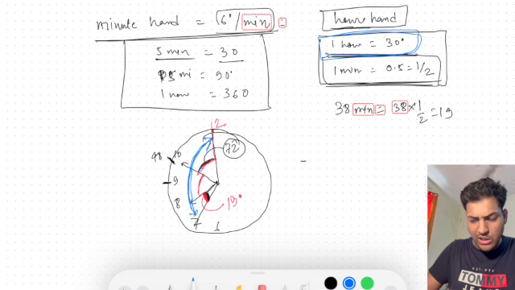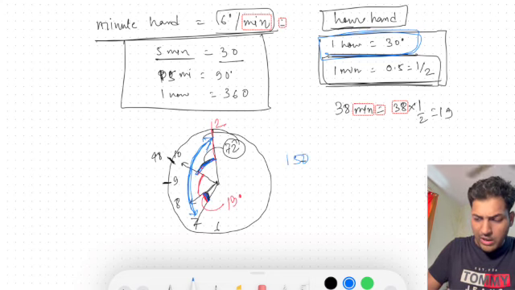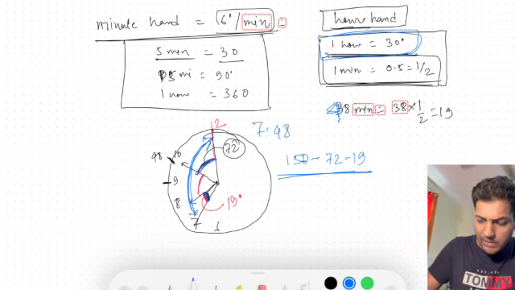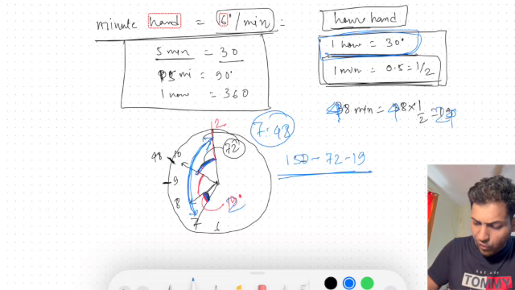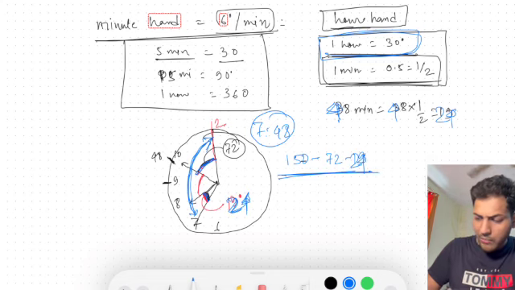Now you subtract these two angles, 150 minus 72 minus 24, and you can easily see that this will be 54 degrees.